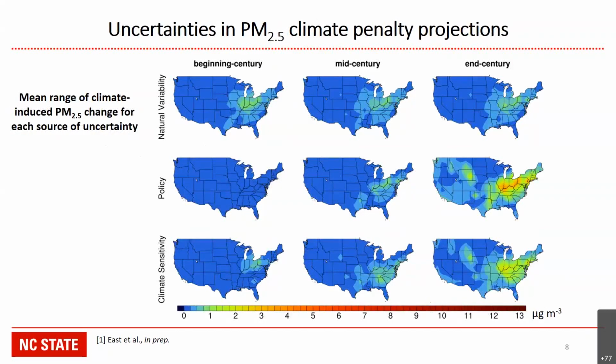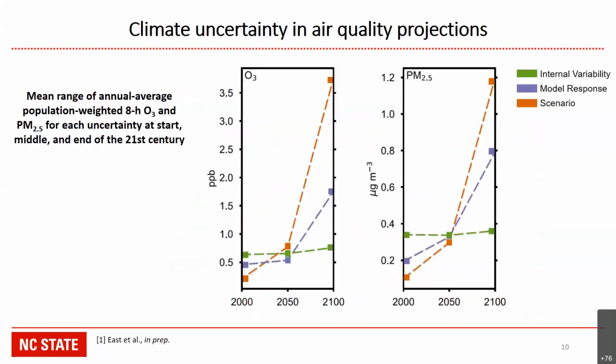Similar story for PM2.5, just looking at different areas with the larger climate-induced impacts on PM2.5 concentrations. But again, a fairly constant uncertainty associated with internal variability. And towards the end of the century is when policy really dominates that uncertainty, and to a lesser degree, climate sensitivity. These are those same numbers, but summarized as a population-weighted metric.